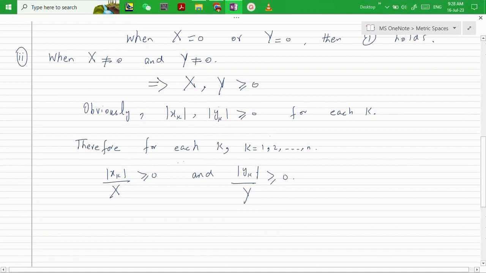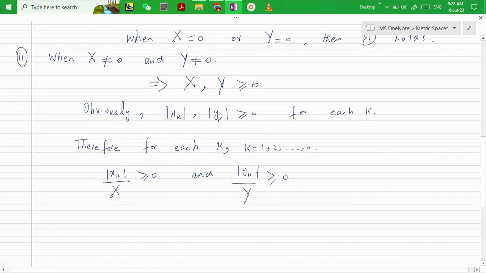So these two quantities, mod of xk over capital X non-negative and mod of yk over capital Y non-negative, for these two quantities we apply the Young's inequality for non-negative real numbers.